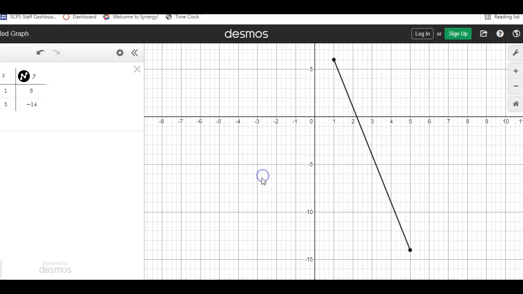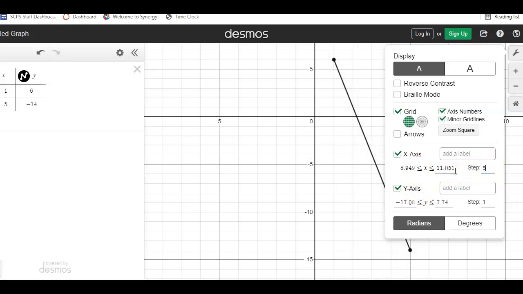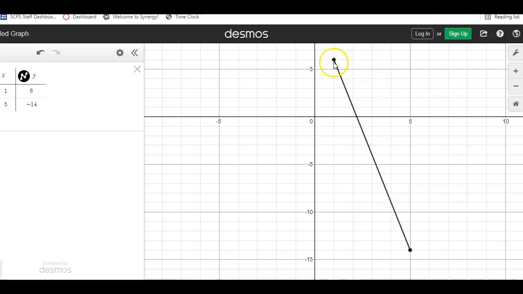We have to be really careful of the steps. So if you change that to 5s, now you have one per box.